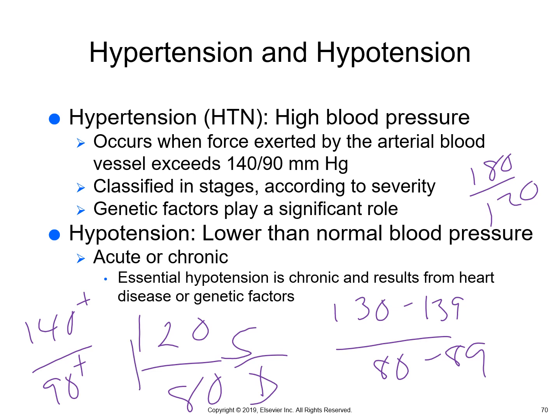So again, when the blood pressure becomes too high in the case of hypertension, or even when it becomes too low in the case of hypotension, it can lead to health complications.